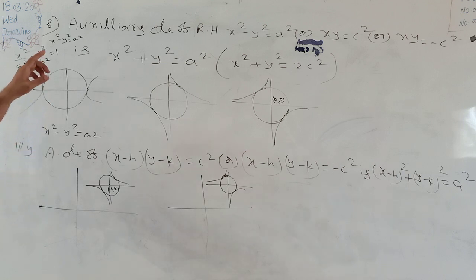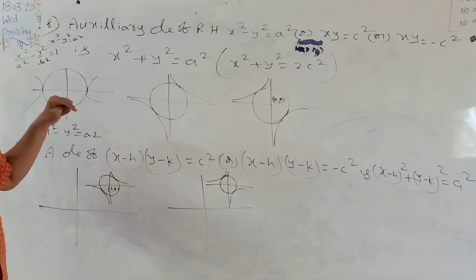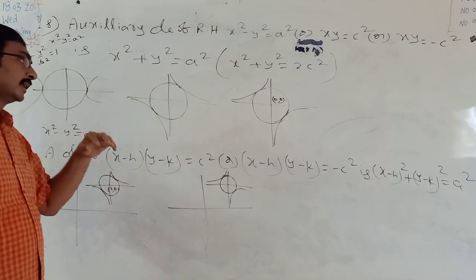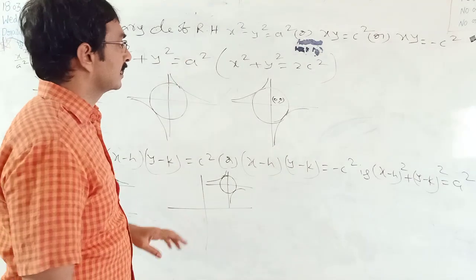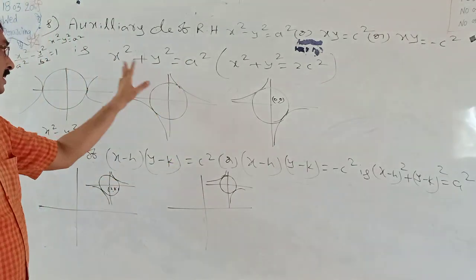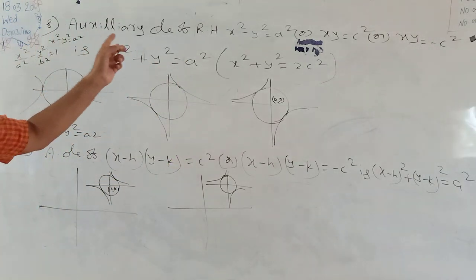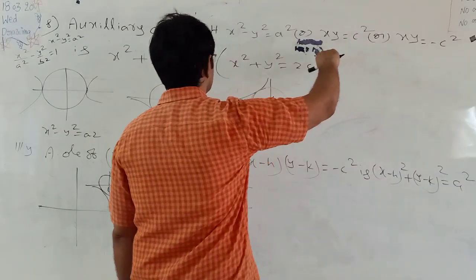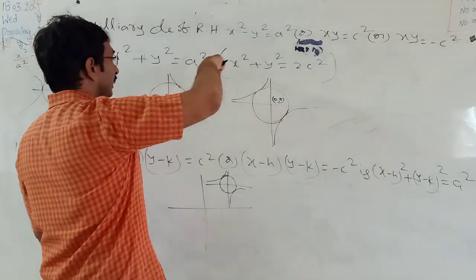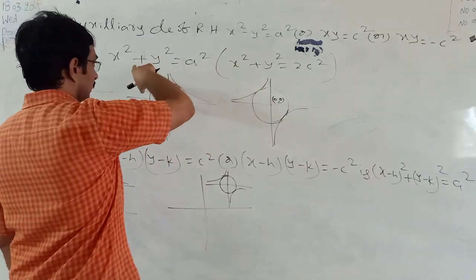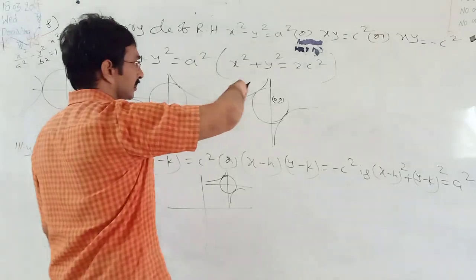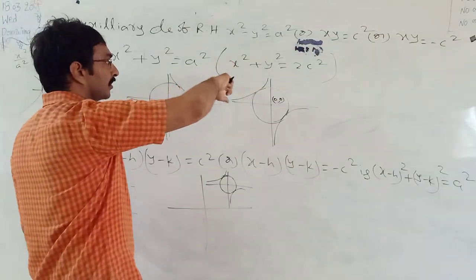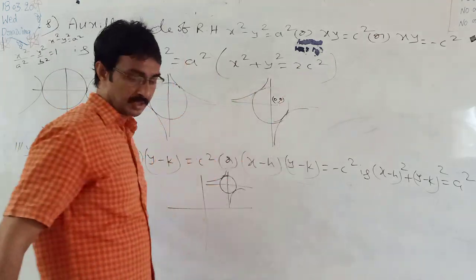So they can ask what is the equation of the locus of the foot of the perpendicular from the focus on any tangent; then also what is required is the auxiliary circle. This is the formula of the auxiliary circle of a rectangular hyperbola. But in the problem there is a c square, while this formula contains a square. So the relation between a and c: a equal to root 2 c. Therefore, a square is 2c square.